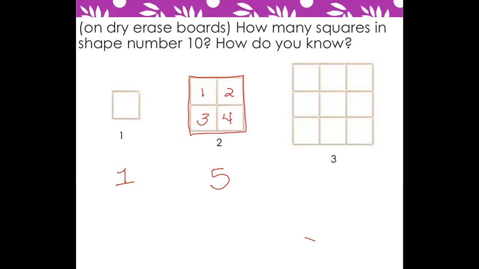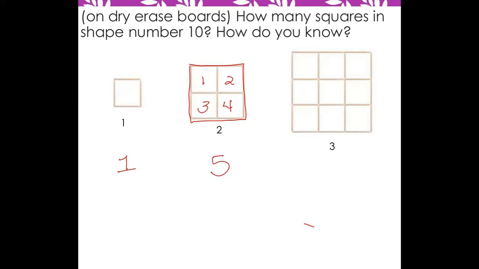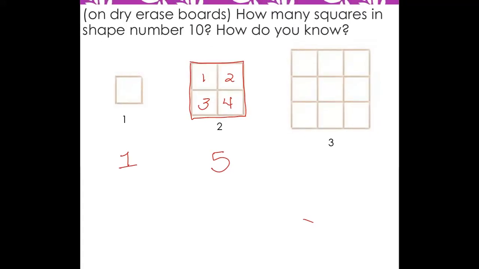How many squares do you see in a 3 by 3? Anybody think they have an answer?